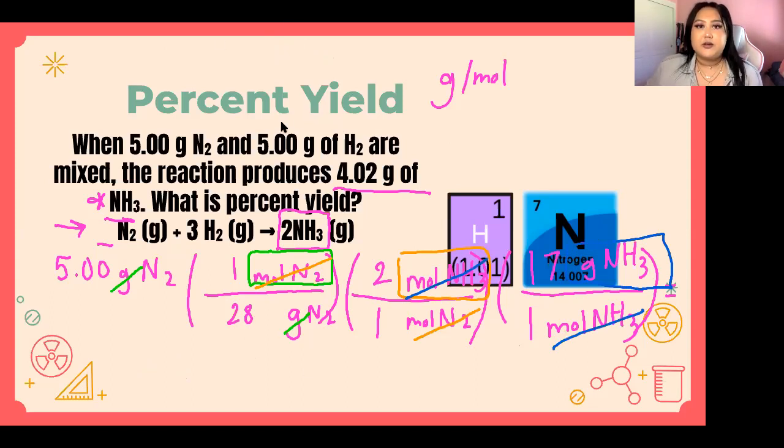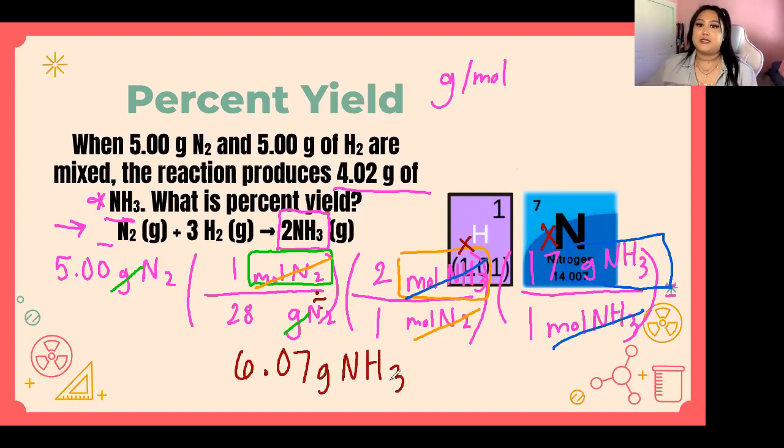So going back to the problem, we would have to do 5 divided by 28 times 2 here, and then times 17, right? 5 divided by 28 times 2 times 17 is like 6.07. 6.07 grams of NH3.